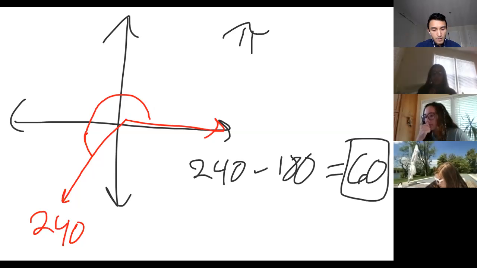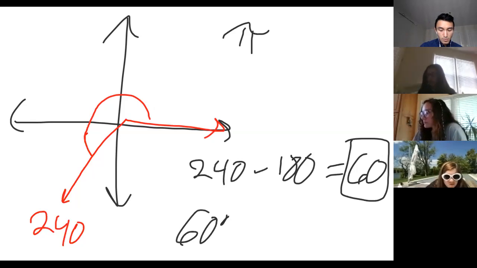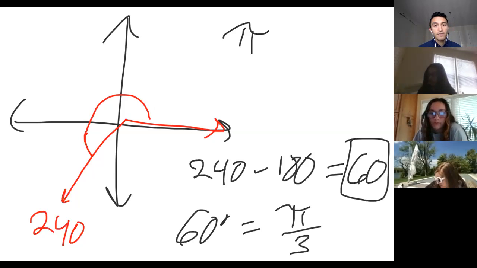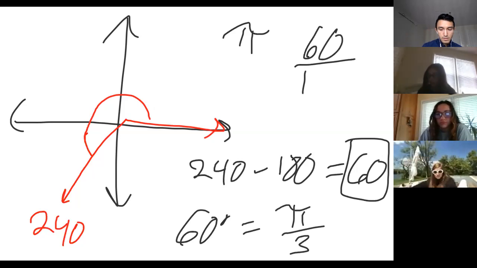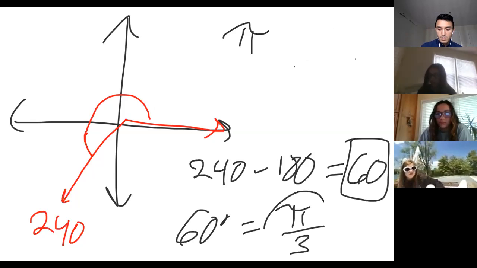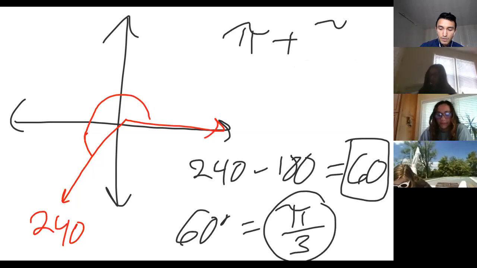So it's not cheating; the unit circle is there for you to use. The unit circle tells you that 60 degrees equals pi over 3. It's 1/3 pi, so we don't even have to calculate that. Obviously, if you were to calculate, you just divide 60 by 180, which is 1/3. So 60 is pi over 3. We had pi, and to get to 240, we add pi over 3.